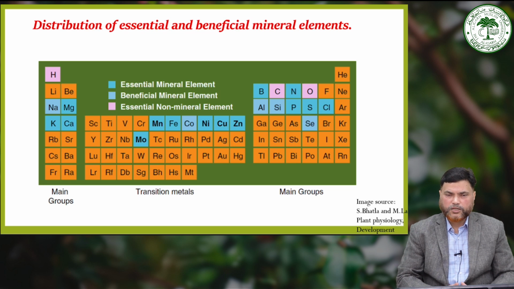On the basis of mobility, initial deficiency symptoms could be visually observed. If visual symptoms are initially observed in the older parts, this deficiency could be due to the mobile elements. If initial deficiency symptoms of any essential mineral element are observed in the younger part, it is sure that it could be due to the deficiency of immobile elements.